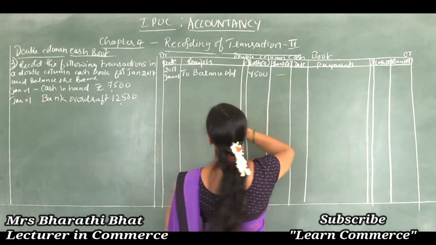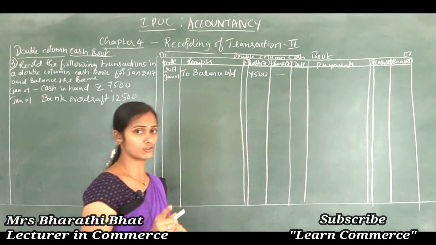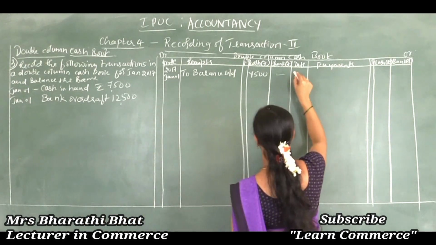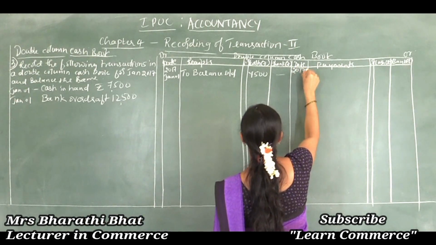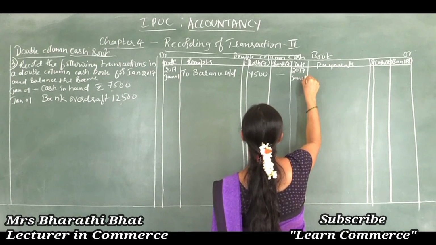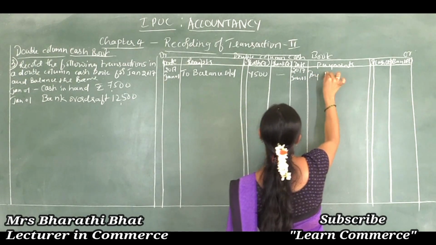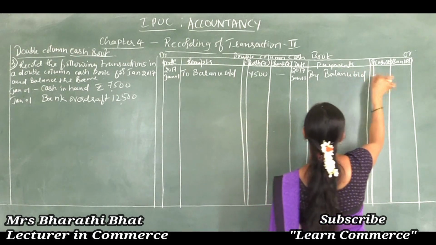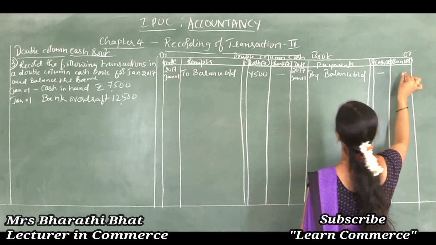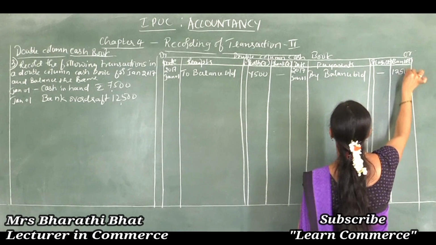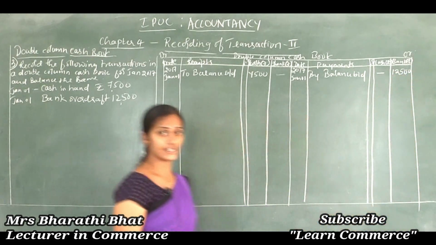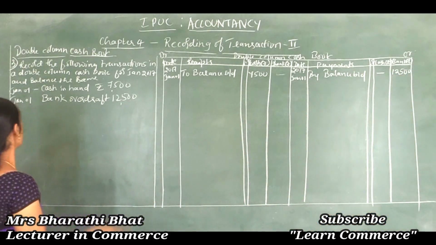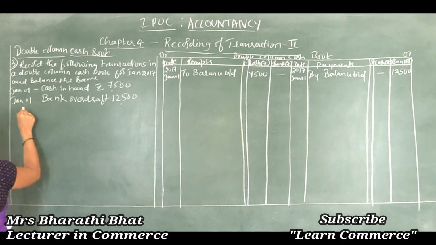No, because bank overdraft is a negative balance, so on January 1, 2017 we should record the amount on this side as by balance brought down, amount in bank column 12,500. Clear?